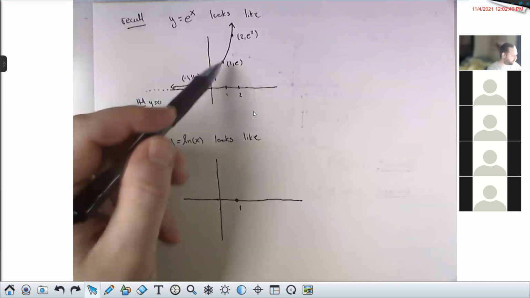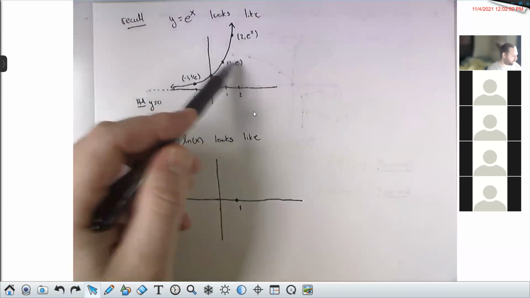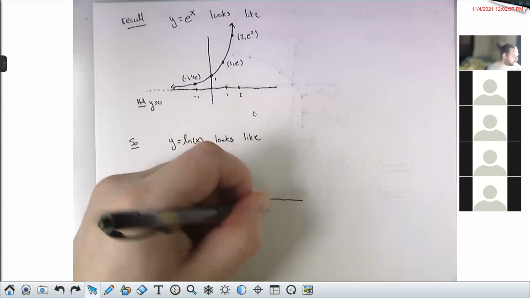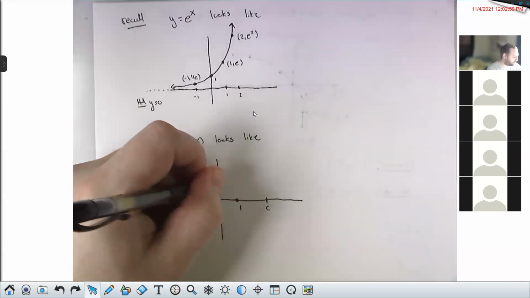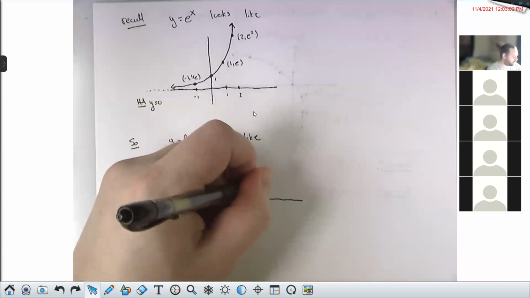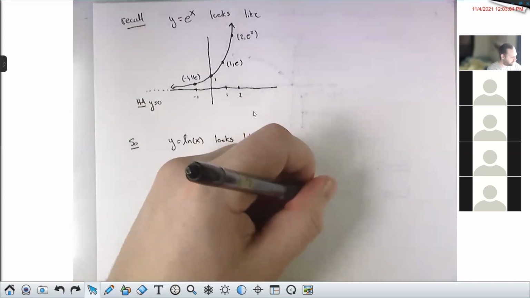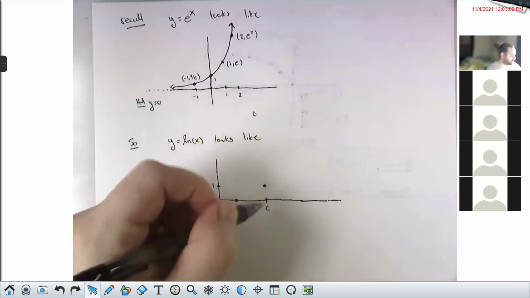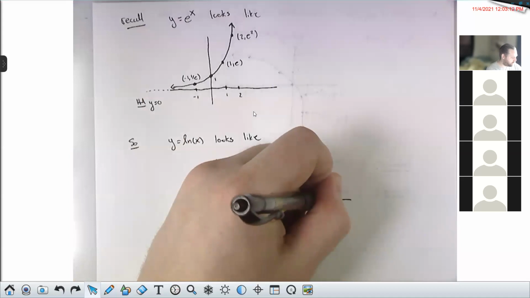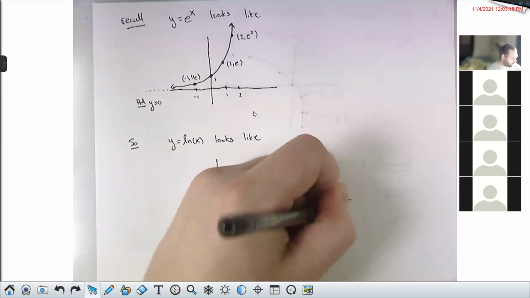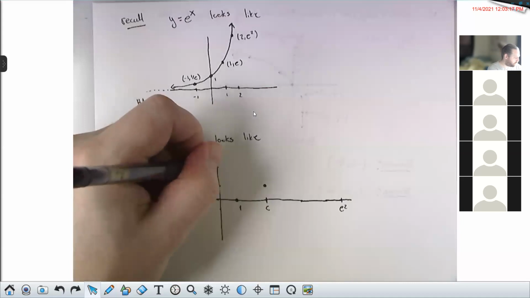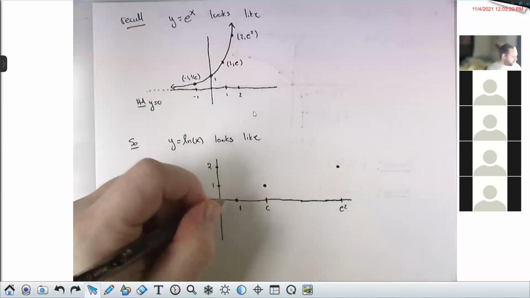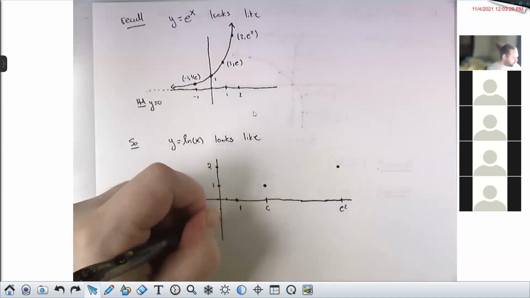The next obvious point on the natural logarithm comes from this guy. (1, e) is on the graph of e to the x, so (e, 1) is on the graph of ln x. And the next guy would be e squared. If that's e, that's like 3. E squared would be like way out here. That would be (e squared, 2). Other points here, (1 over e, -1) would be on this graph.